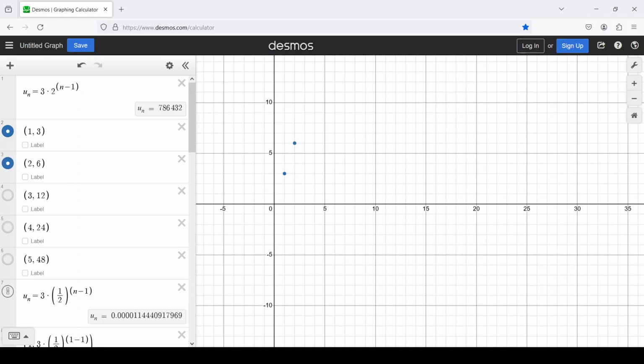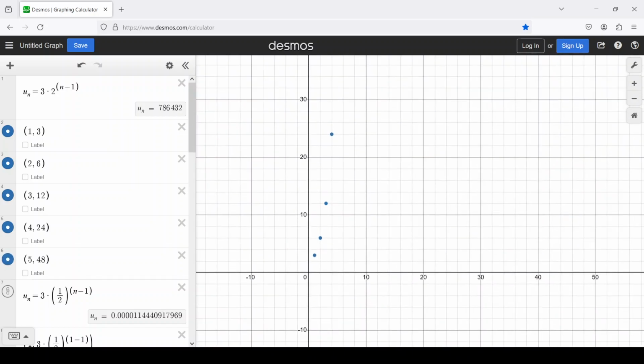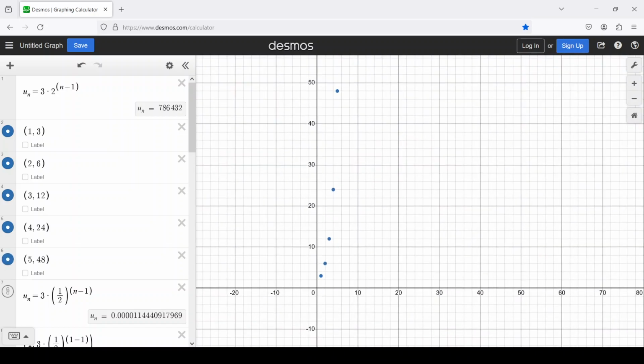I could plug in a 2, it calculates to 6. I could plug in a 3, it evaluates to 12. Plug in 4, it evaluates to 24. And you can see, if I put in 5, there it is at 48. You can see that we have accelerating growth. We have what we call geometric growth, which is identical to exponential growth.